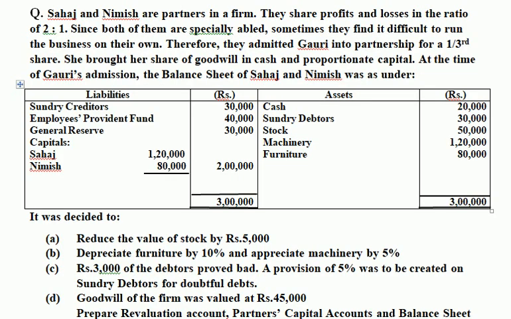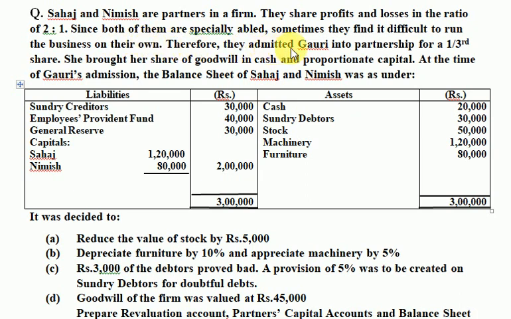To understand properly the theory content which we just read, here is a question. The question says, Sahaj and Nimish are two partners in a firm. They share profits and losses in the ratio 2:1. So this is the old ratio. Since both of them are specially abled, sometimes they find it difficult to run the business on their own.